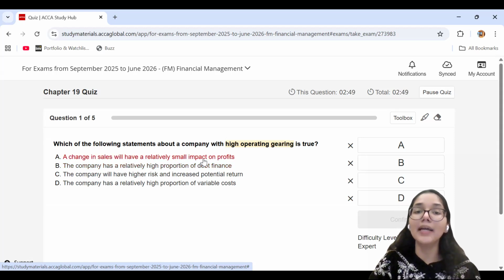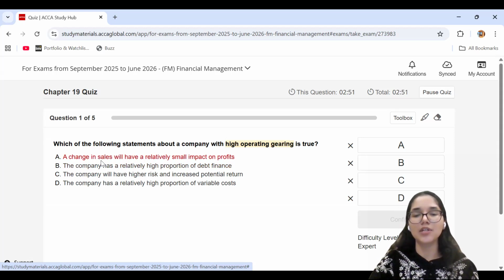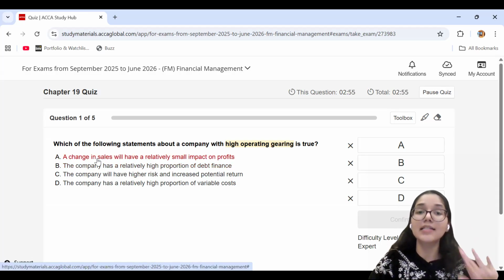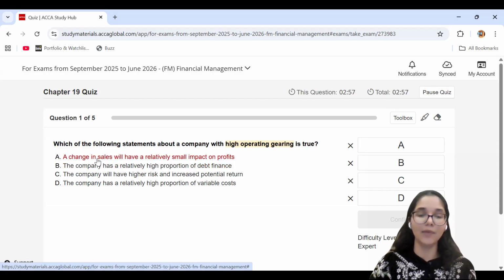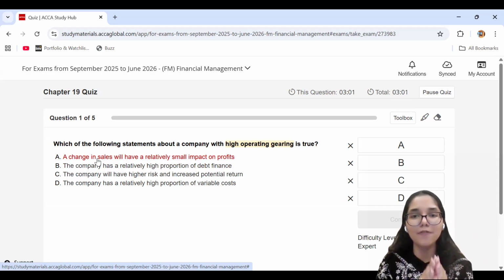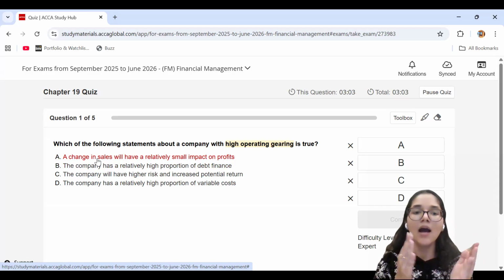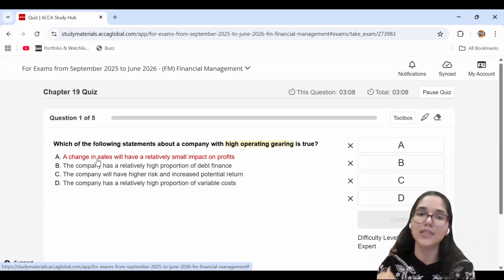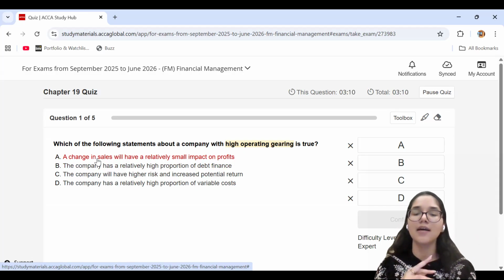So it will have a big impact on the profit if the change in sales volume is there. Same thing will be there if the sales actually increase by a very big amount. My fixed costs are going to remain the same. After that, whatever money is left will straight away go towards my profits. So both things are going to be there.